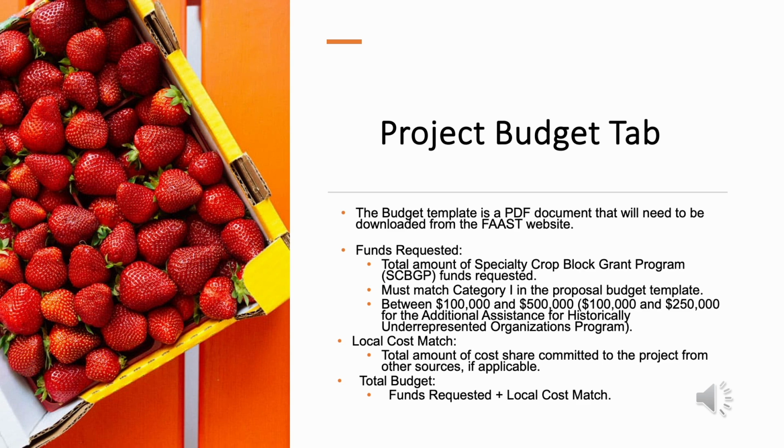For local cost match, estimate the amount of cost share committed to your project. Cost share includes matching funds and in-kind contributions. To clarify the difference, matching funds refers to a dollar amount committed to your project from a source other than SCBGP.